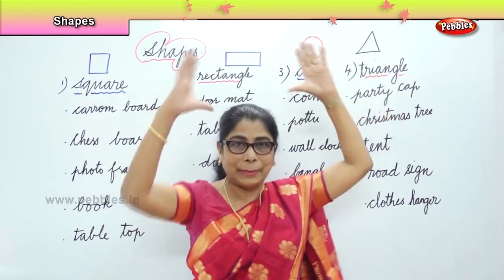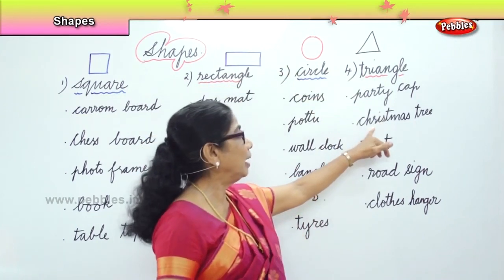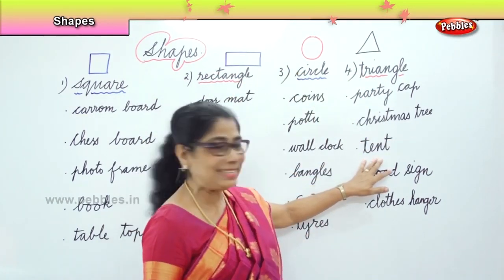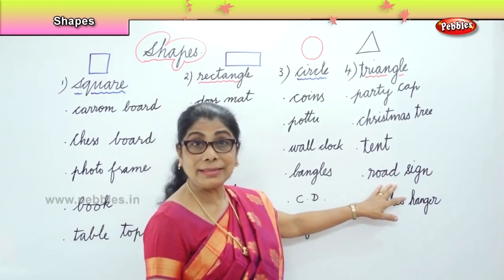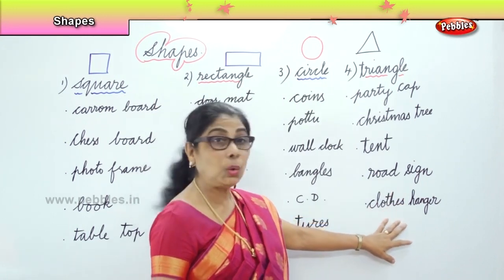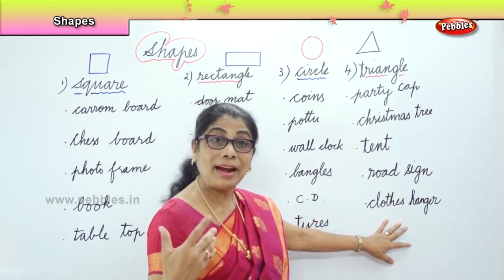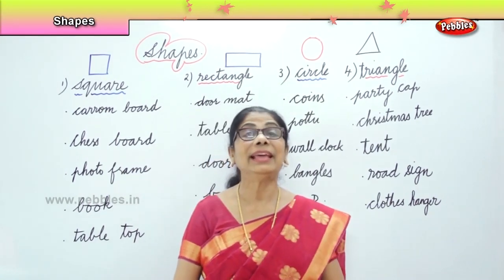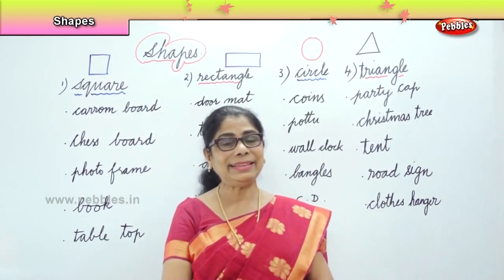What shape? Party cap. Triangle in shape. Christmas tree. Triangle in shape. Tent. Road sign that says school nearby. Road signs, and then clothes hanger. All these are patterns, the shapes that you see around the house and in the classroom.